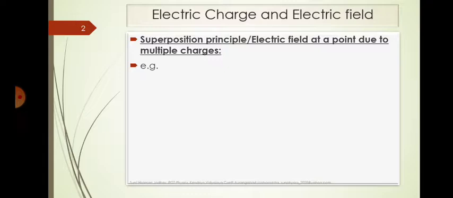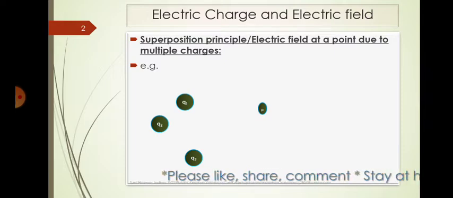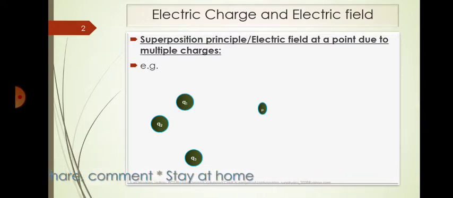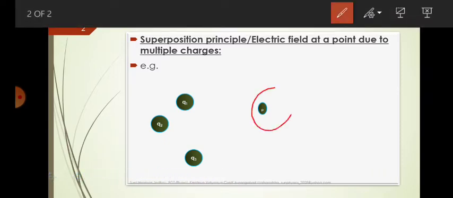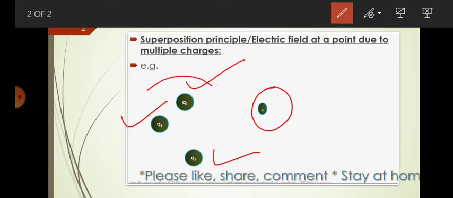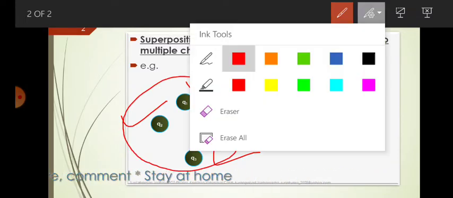Let us say we have the charges q1, q2 and q3, and a point P. This point P is not a charge. At this point P we have to find the electric field. These are the charges plus q1, plus q2 and plus q3, and we want to find the electric field given by these three charges at this point P.